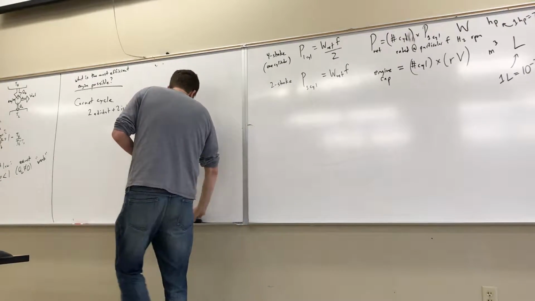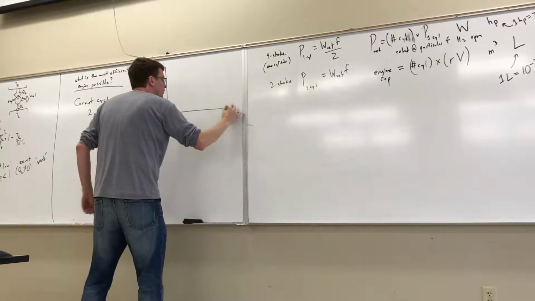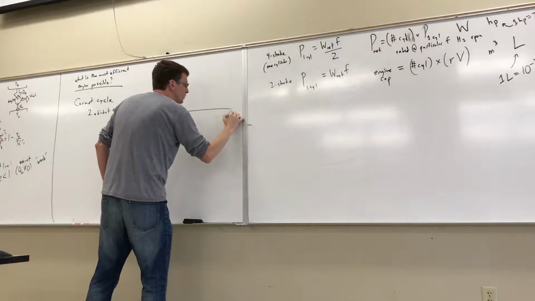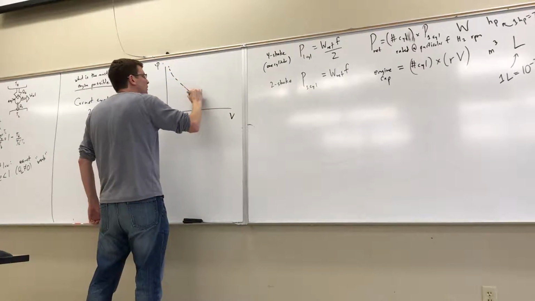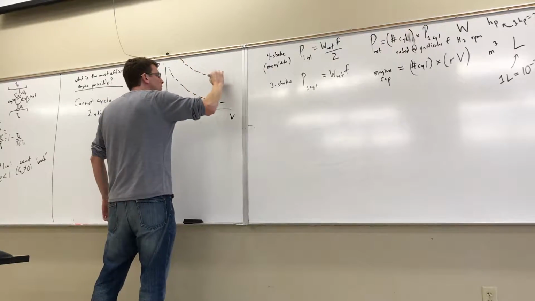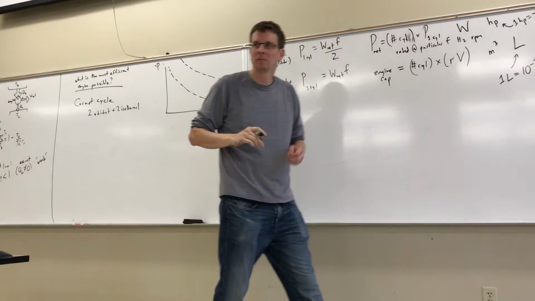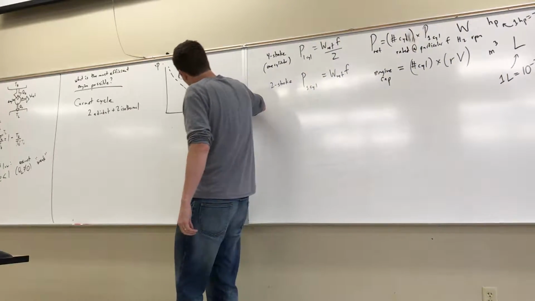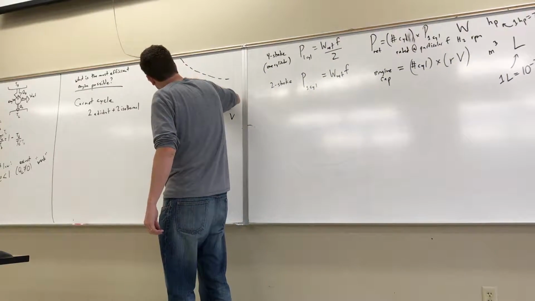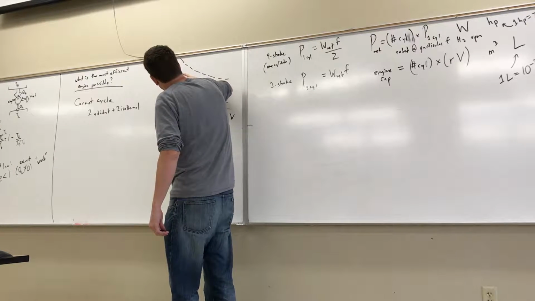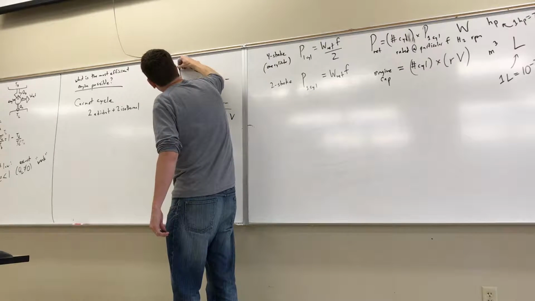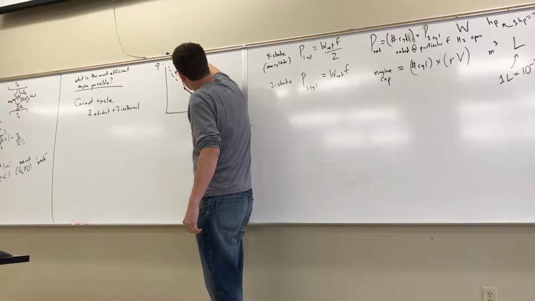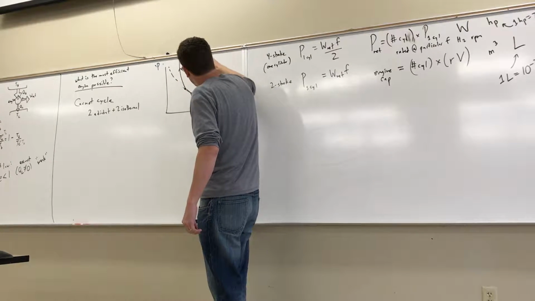Let's draw it. Looks like this. So the PV diagram would look something like this. Now I'd be following isotherms, and then I'd use adiabatic processes to jump between them. So it would look like this.